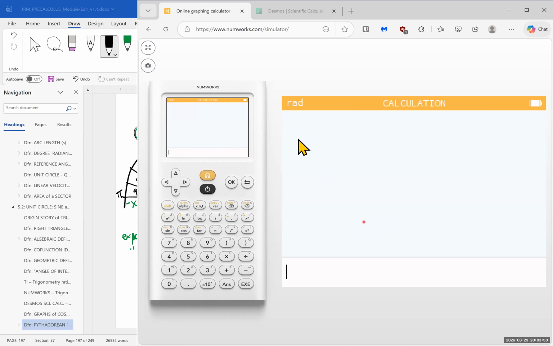All right. So what we need to do is put 18 cosine of 5 pi over 9. So 5 pi divided by 9. We will do that and execute.